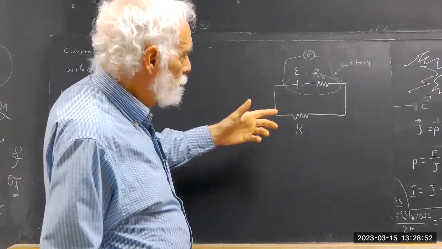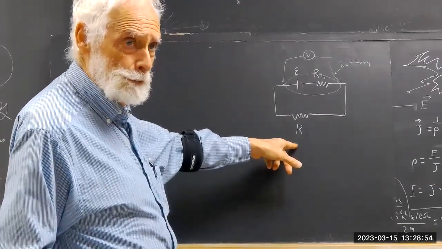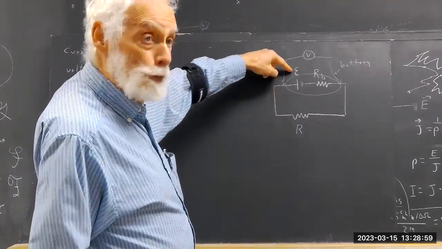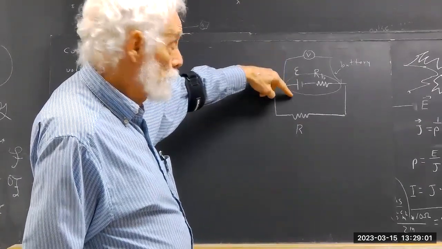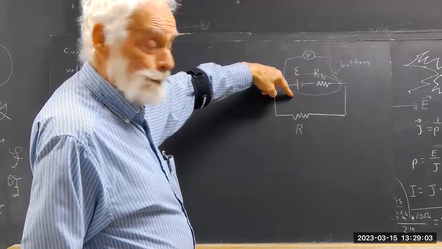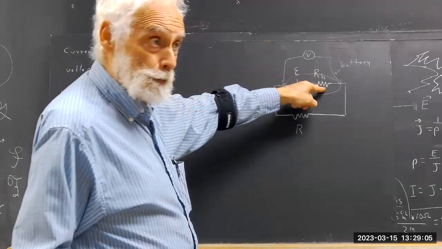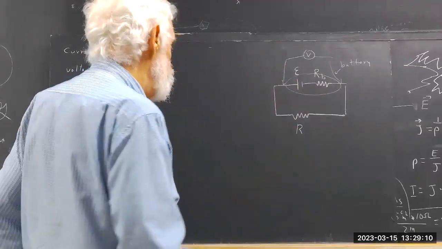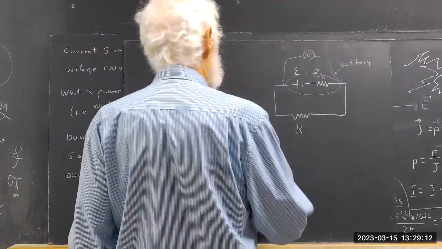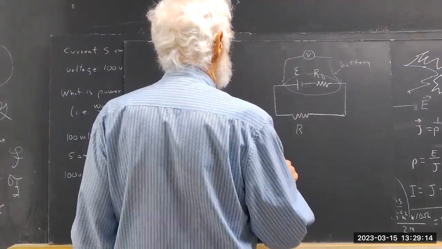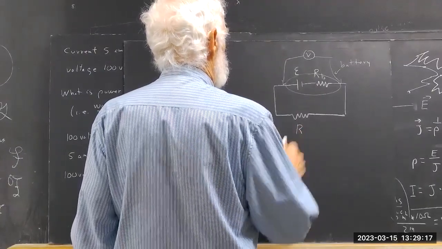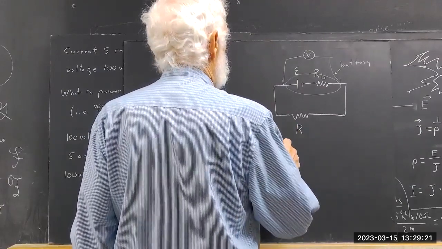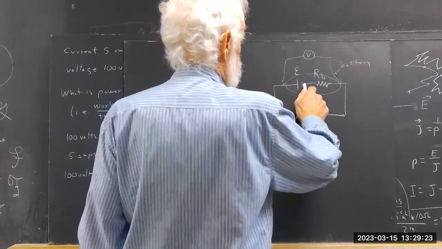So how much voltage are we getting across this resistor? Well, we're not getting the full voltage that's produced by that cell, because the current is running through the internal resistance of the battery. We do get some current, okay?